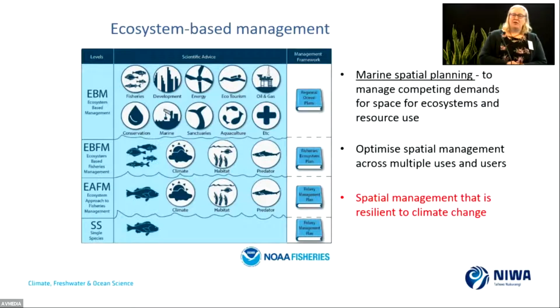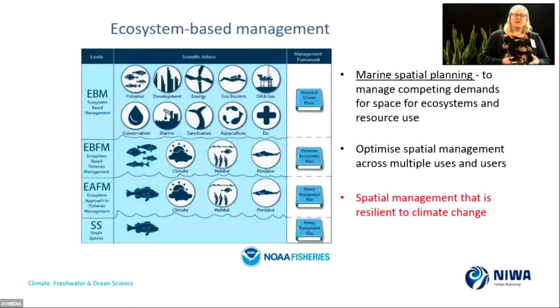Many of you have probably heard of ecosystem-based management. This is one of the key things that the Sustainable Seas National Science Challenge is based on. It's moving away from the single sector fisheries management that we typically did 20, 30 years ago in New Zealand towards something where we're bringing together that multitude of uses and values, biodiversity being one of them, but also a number of competing space uses, and also resilience.